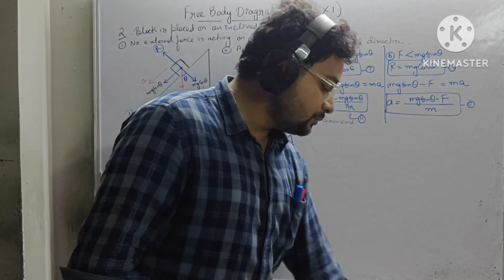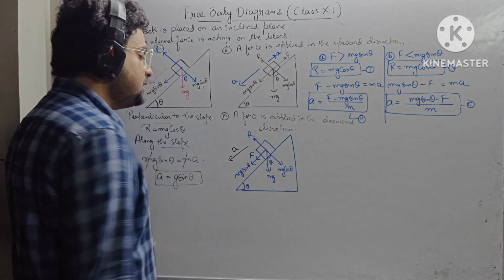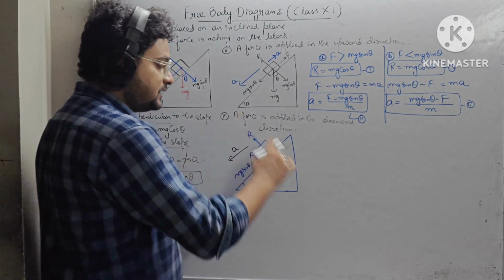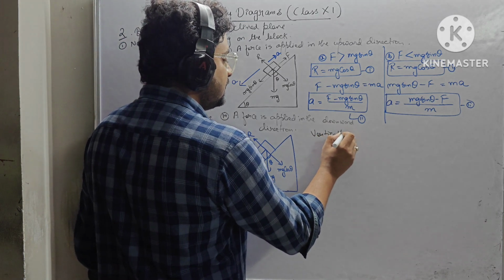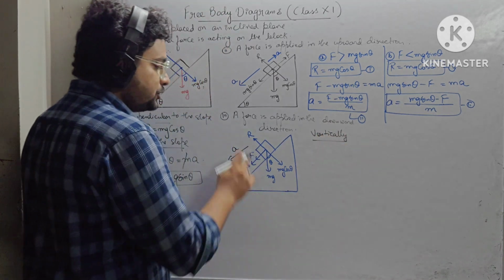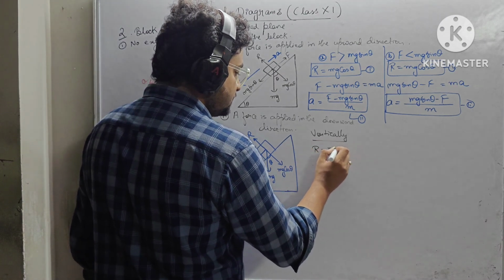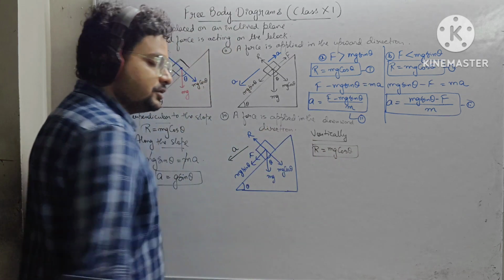So the body is going to accelerate in this direction. First see the direction perpendicular to the slope: these two are balanced, so R will be equal to mg cos theta.